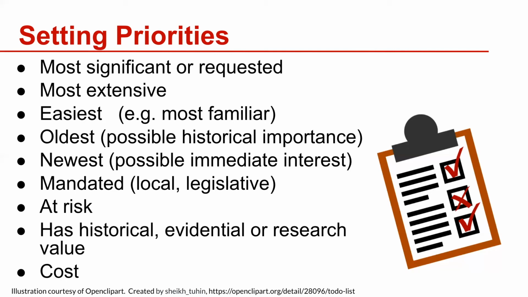It could be that large collection, or easiest could be the most familiar to you, the most ready to ingest, or other low-hanging fruit. Whether that's dealing with easy formats, homogeneous collections, a small collection, collections that you know a lot about. All of those types of things fit into this bucket of easy in quotation marks.